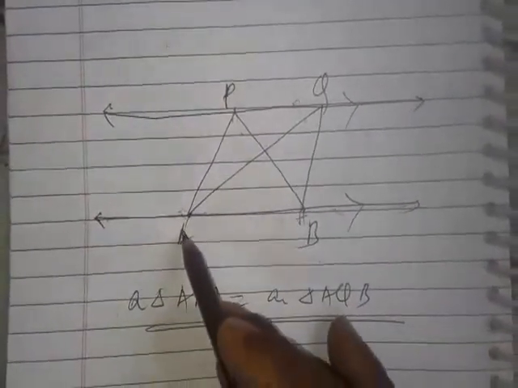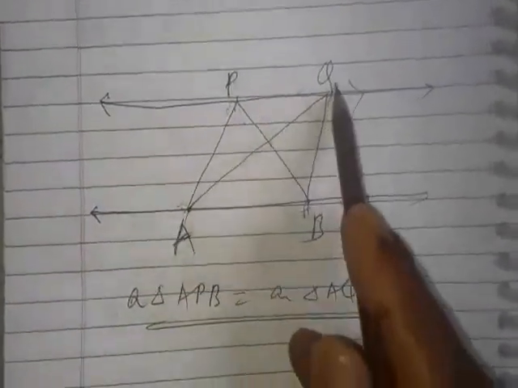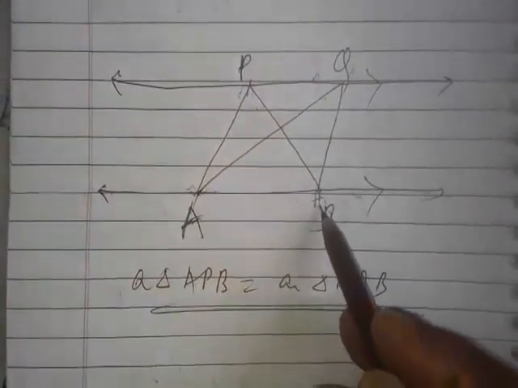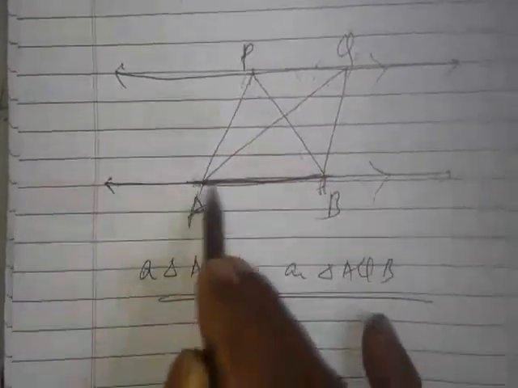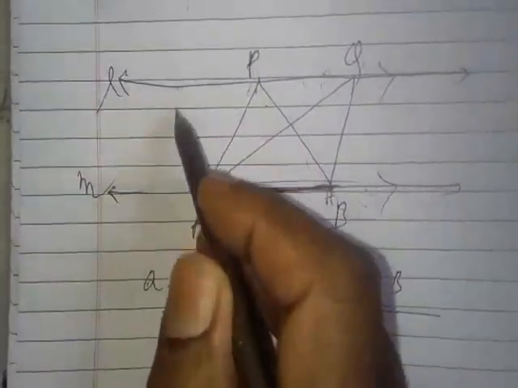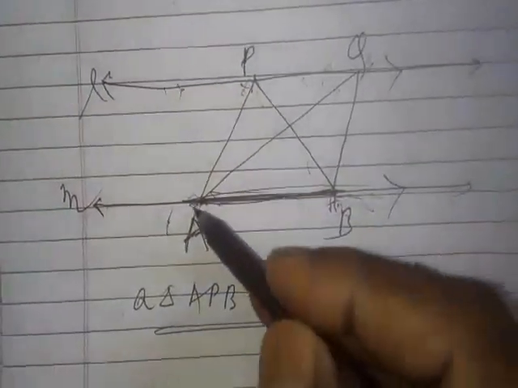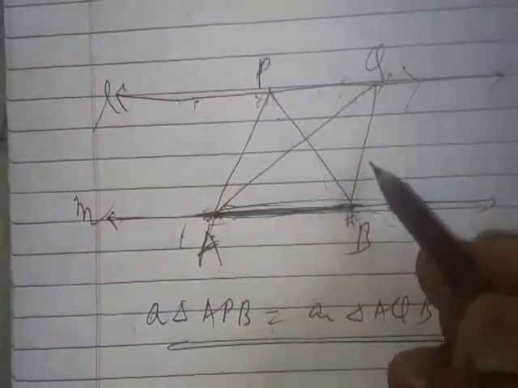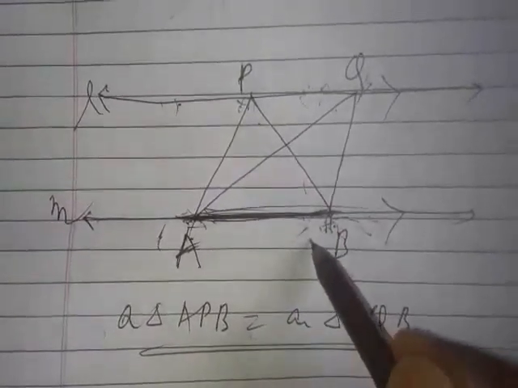The area of triangle APB and the area of triangle AQB are equal because both triangles have the common base AB and both lie between the same pair of parallel lines L and M. Here PQ is parallel to AB. These are the theorems which we have studied in standard 9.